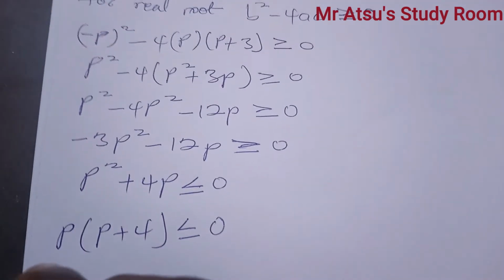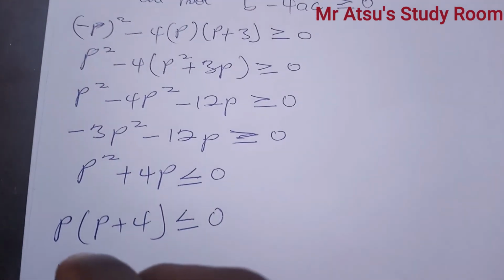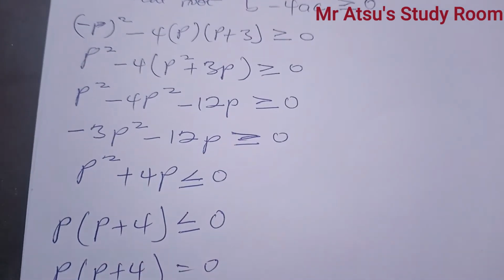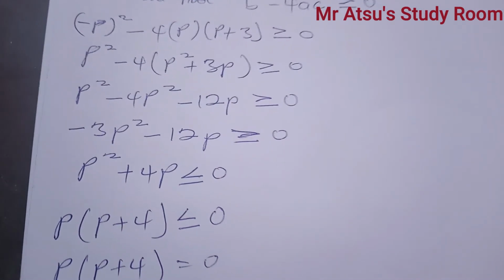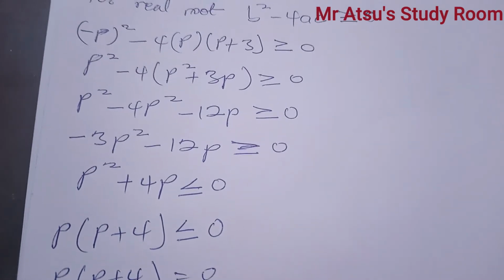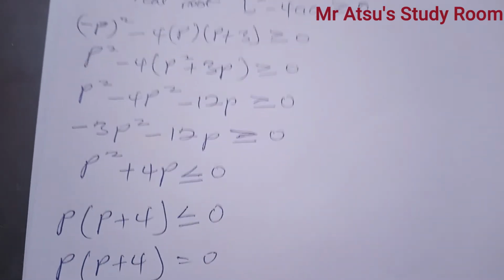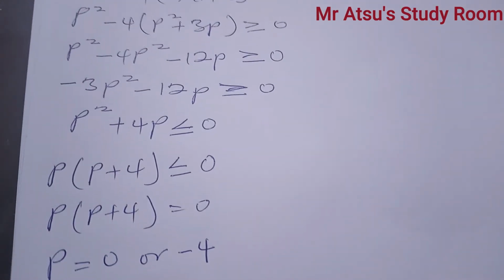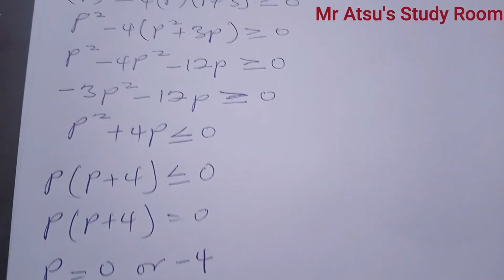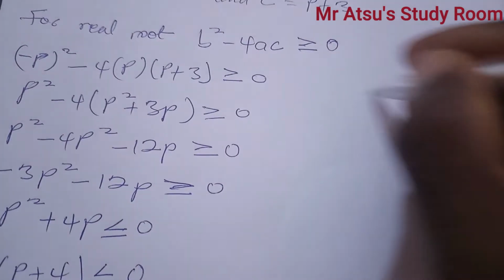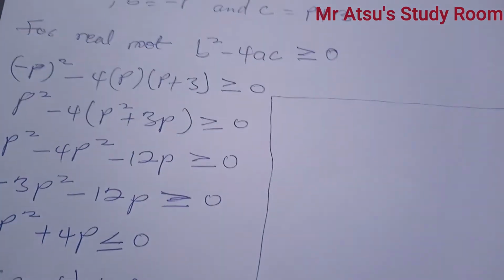When we turn this to an equation, we are going to have p(p plus 4) equal to 0. That means our p is either 0 or -4. And like I said earlier, we are applying the idea of quadratic inequality. If I'm using the graphical method, let me just do it here.